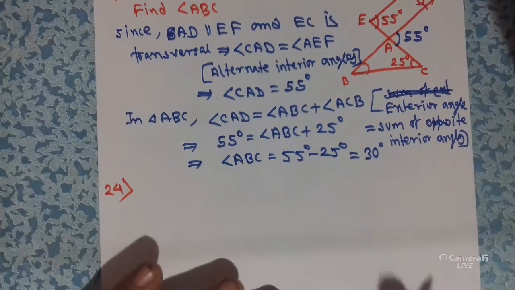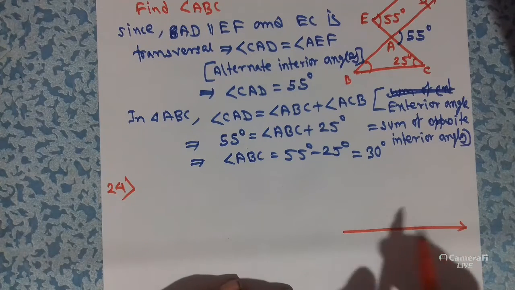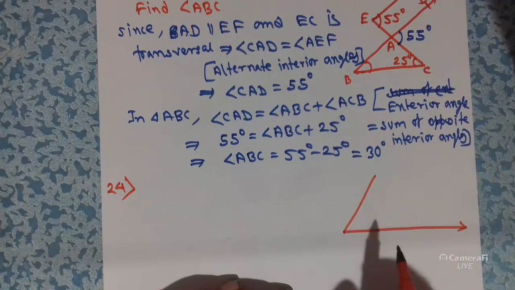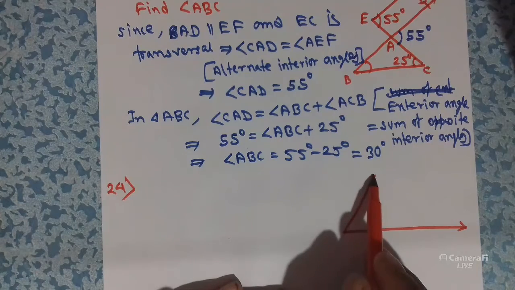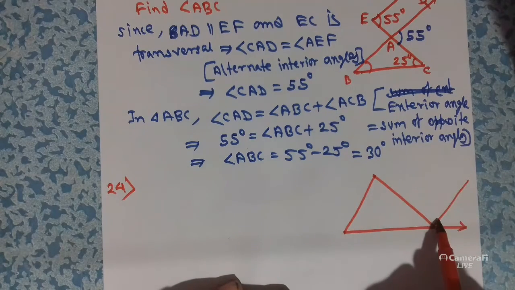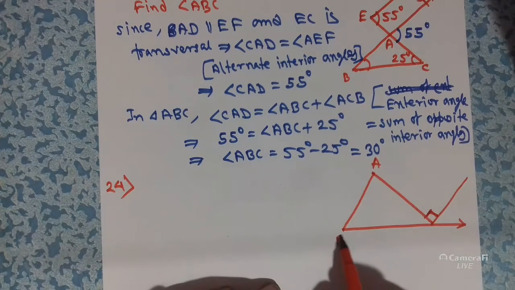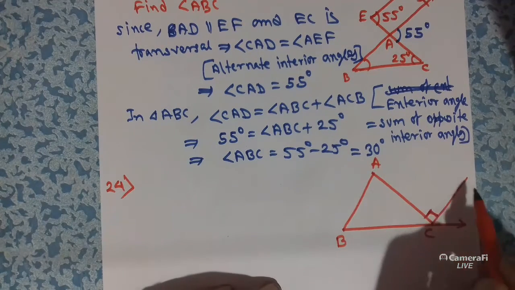So at first we have to draw the figure. So here this one is 90 degree and it is the triangle of ABC.